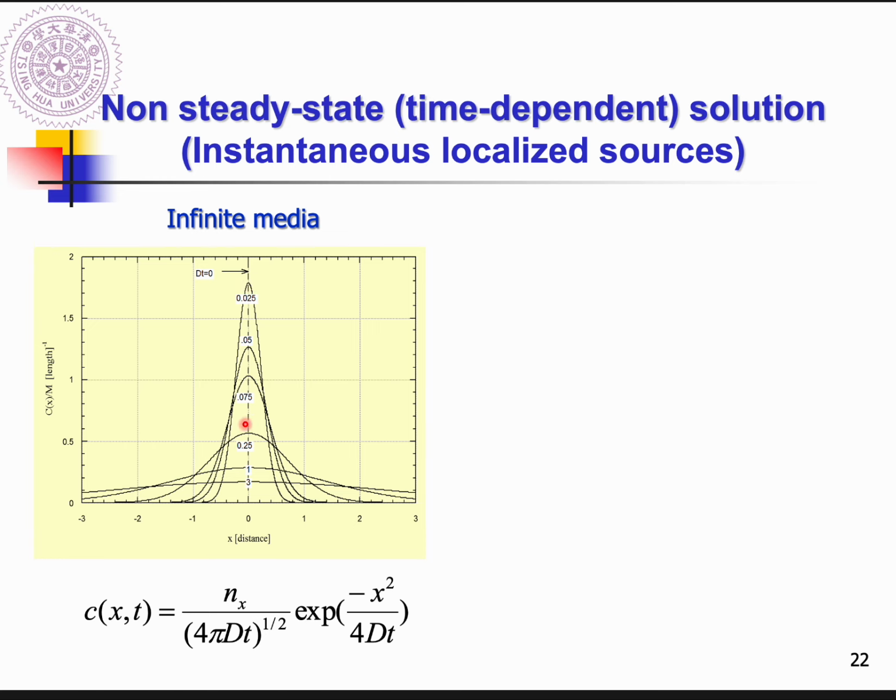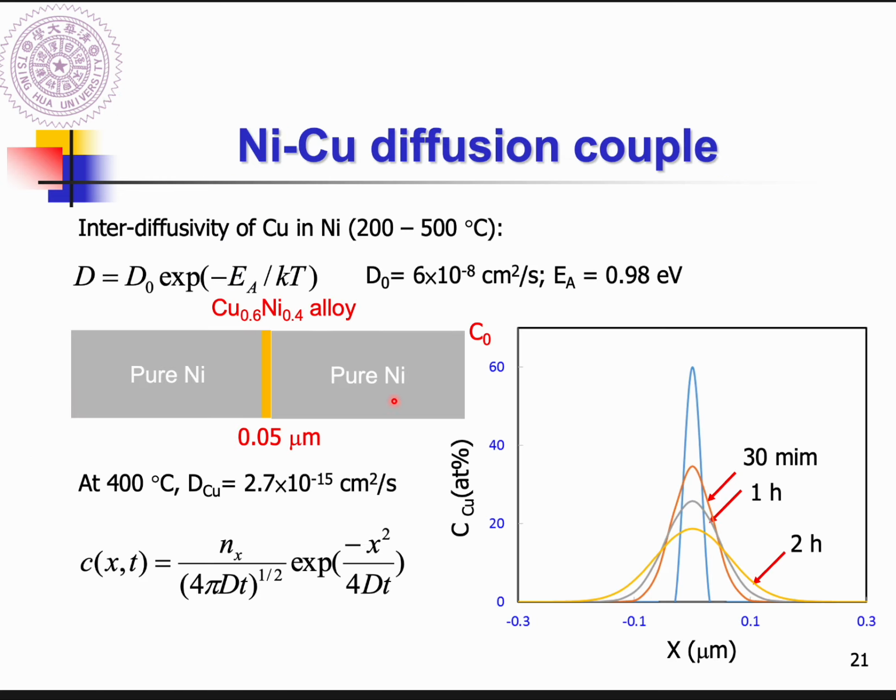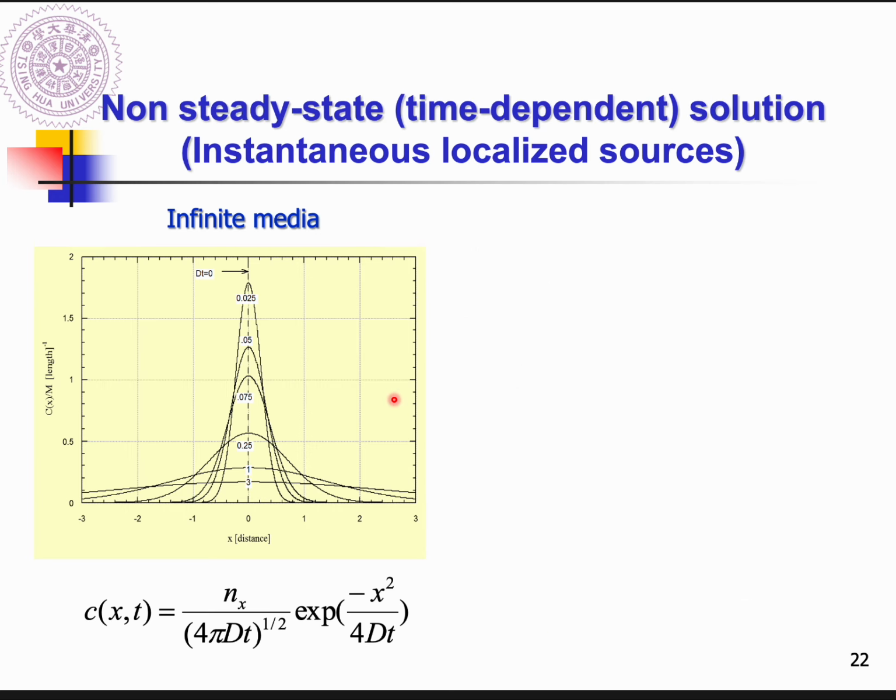Before, you had the diffusing atoms in between two materials. How about if I deposit a very thin layer of diffusing atoms on our substrate? Under this situation, the diffusing atoms can only go into the substrate, not in two directions. In the earlier case, the diffusing atom can go either left-handed side or right-handed side.